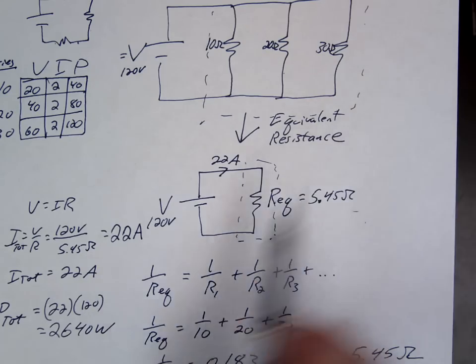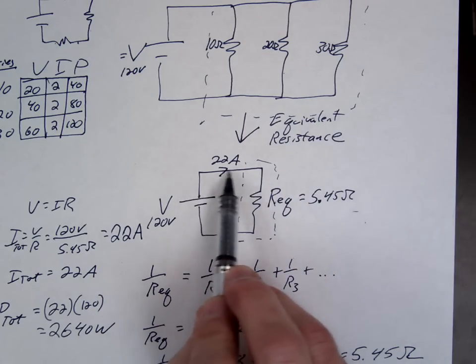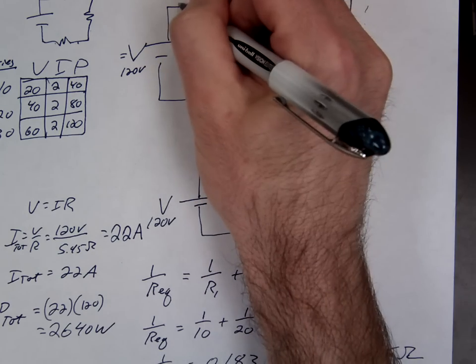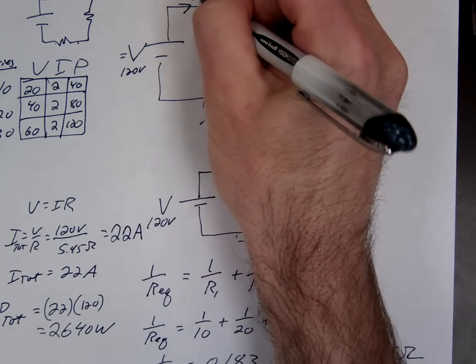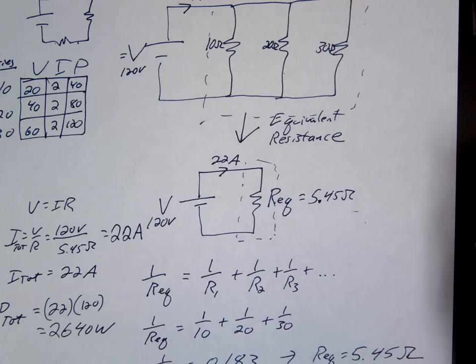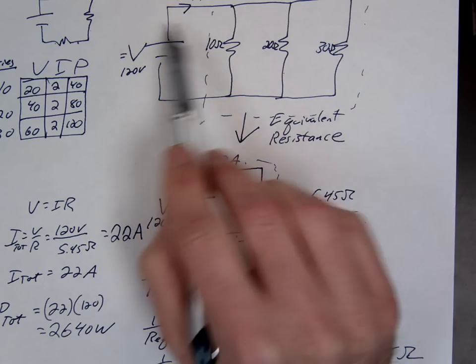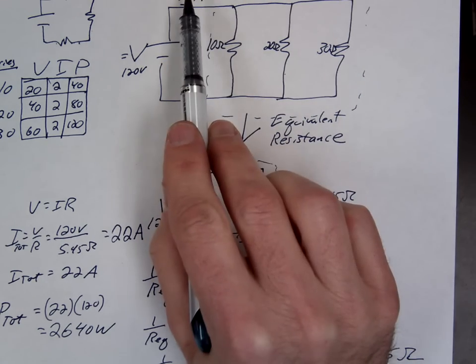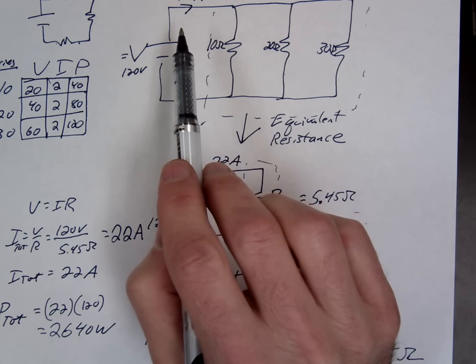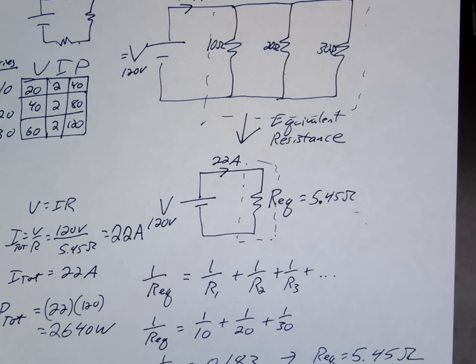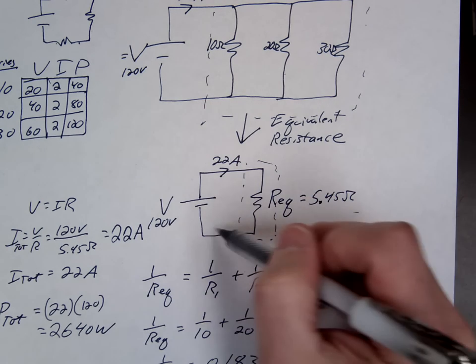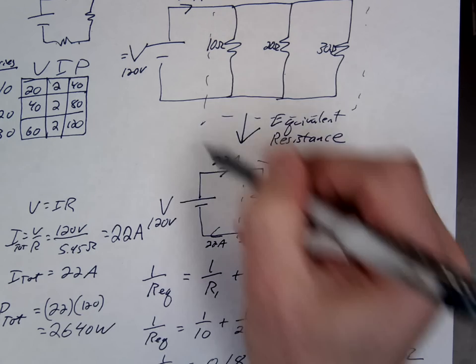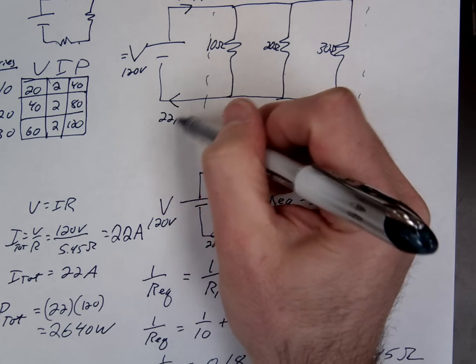So in other words, if I have 22 amps coming into this box, I must have 22 amps coming into this combination over here. So our 22 amps belongs right here at the beginning. It also belongs one more place. Where else? At the end, right. So coming out of this would be 22 amps. Coming out of this would be 22 down there.